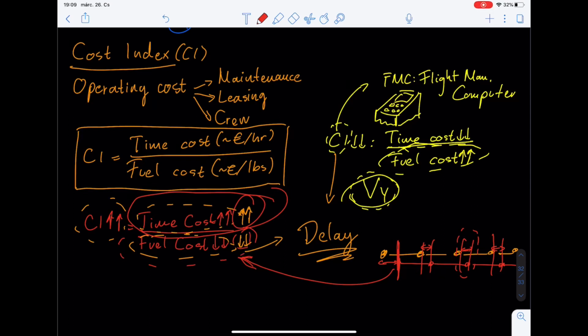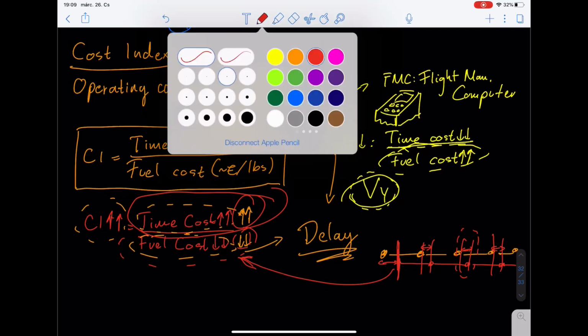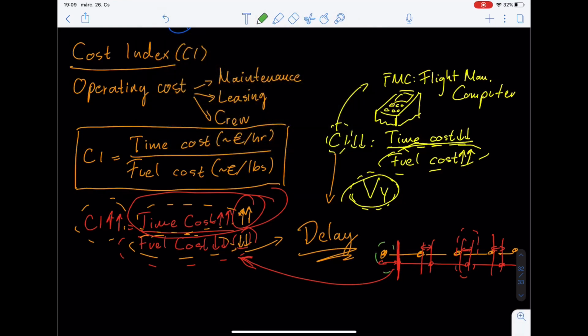So flight crews would increase the cost index in the flight management computer to try to make up the initial delay from the morning and to save some time on the upcoming flights. And if you do that enough, and if there's no further delay, and you get some directs, you can even diminish your delay by the end of the day.